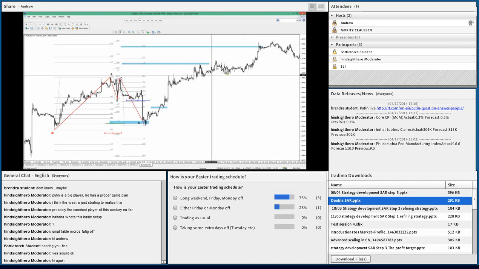Not everyone's happy with letting these things ride out. I mean, this is over quite a while. So just find something that suits you. I personally like to target back just inside the range. And with the bat pattern, it's nice because it gives you, as I showed you, about 2.5 or somewhere around there, give or take.